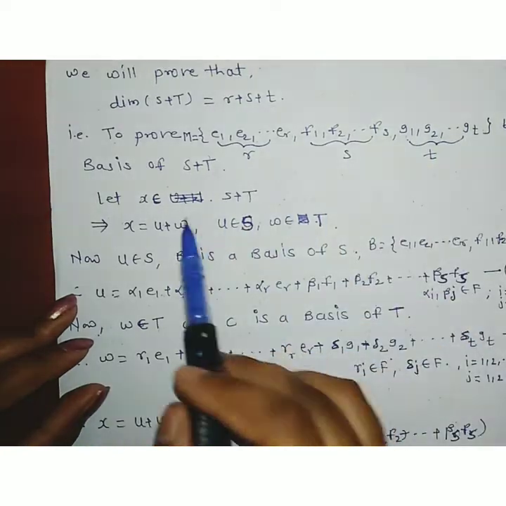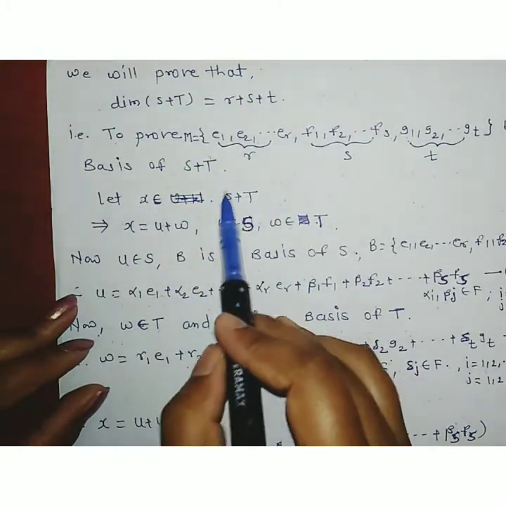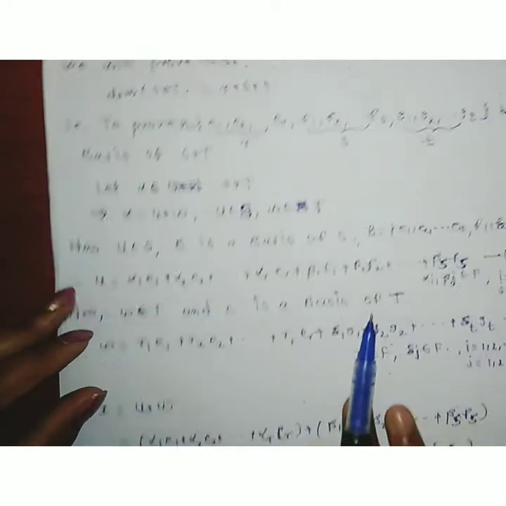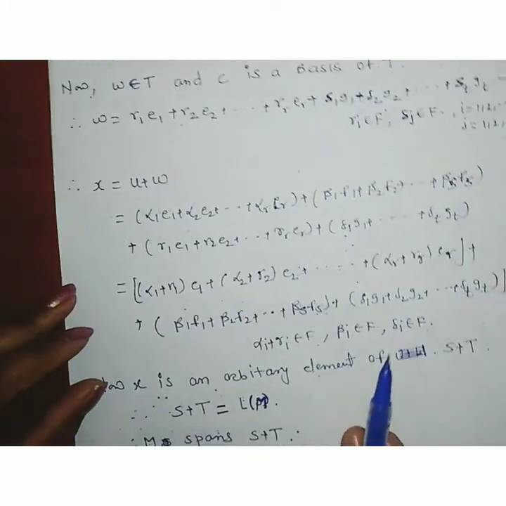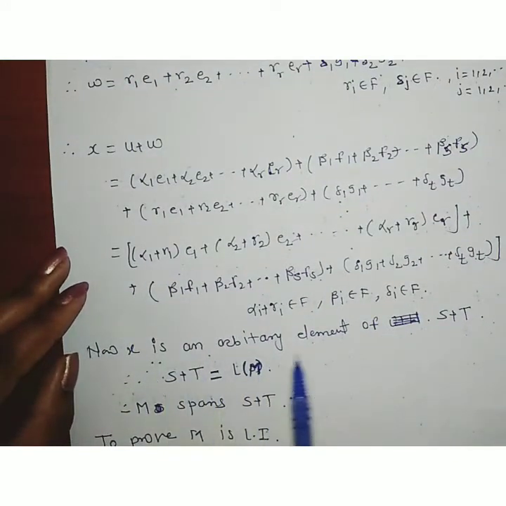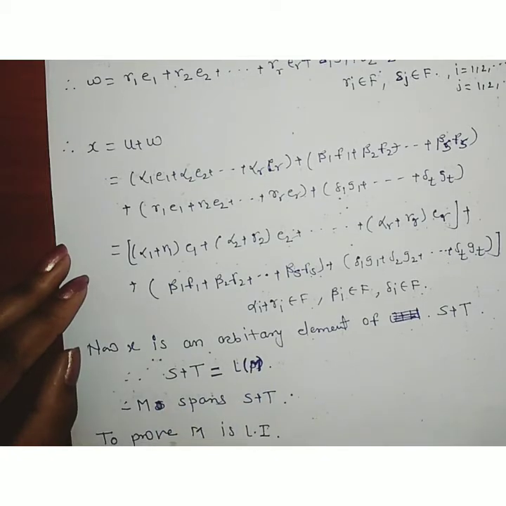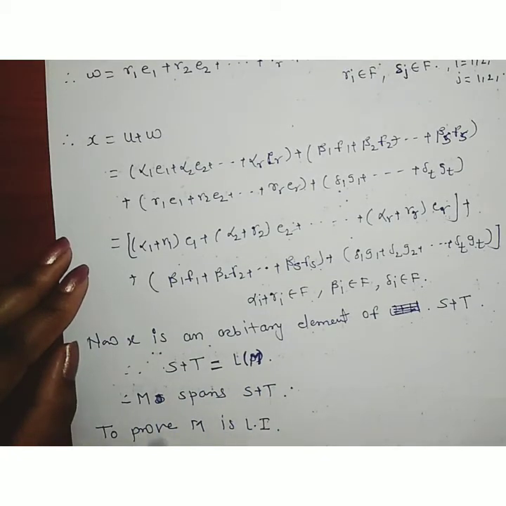So this set M can span S plus T. Thus x is an arbitrary element of S plus T. Therefore, S plus T is equal to L of M. L of M means M spans S plus T. Therefore, the first condition for showing the basis is satisfied.